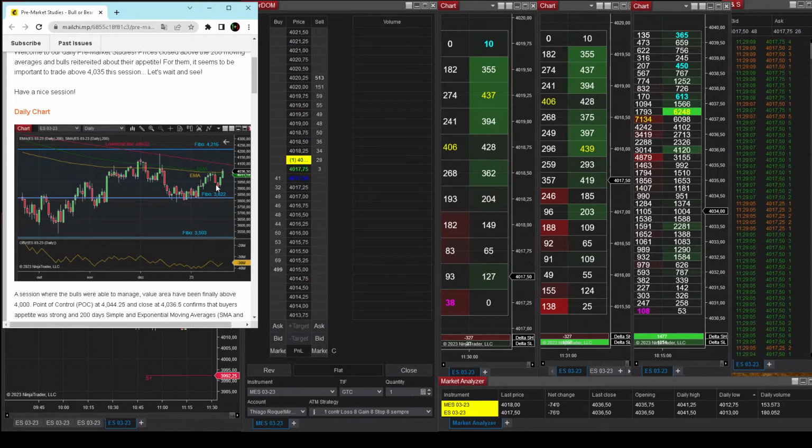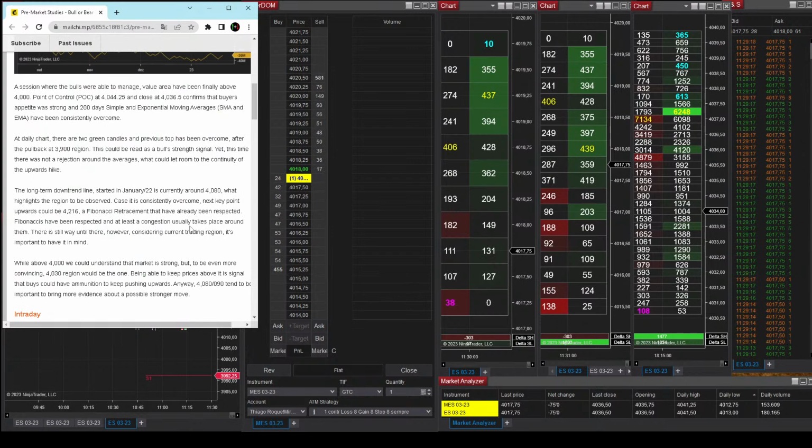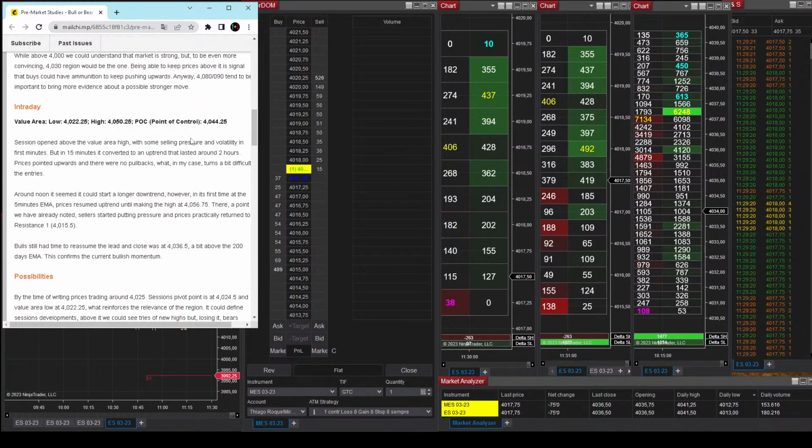The close at 40.36 was above them, showing that buyers were with power. Yesterday's value area is from 40.22.25 to 40.50. That means it's above the 4,000 and goes through the 50, so it's a good signal for buyers. There was not a rejection.